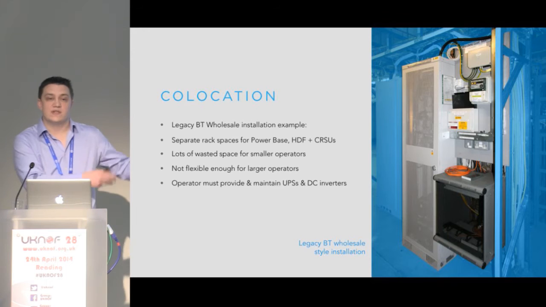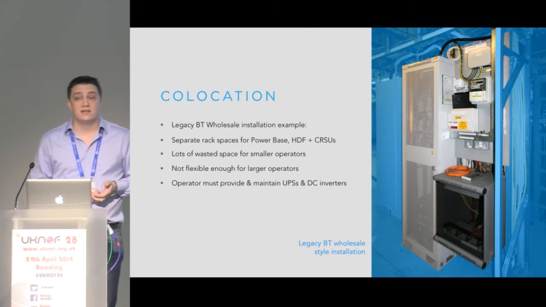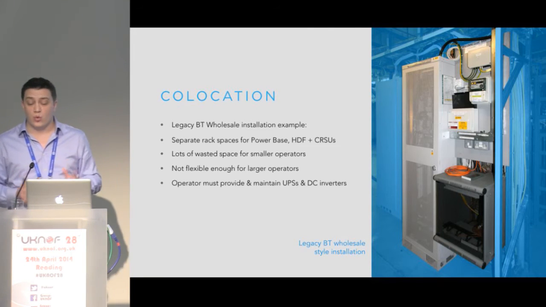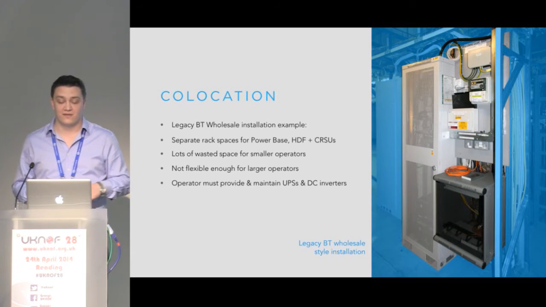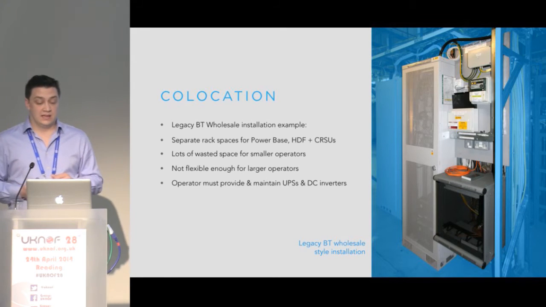And then you've got your own space, completely separated from any of the stuff that BT managed for you. You'd have to put your own UPSs in it if you wanted backup. I think there was at some point a variant of the BT Wholesale product that had UPSs built in. I've seen it once or twice, but most people didn't do that. They managed their own UPSs.